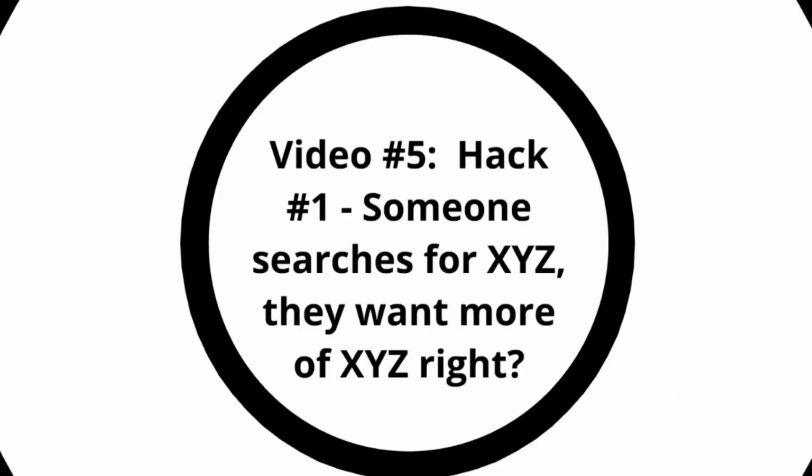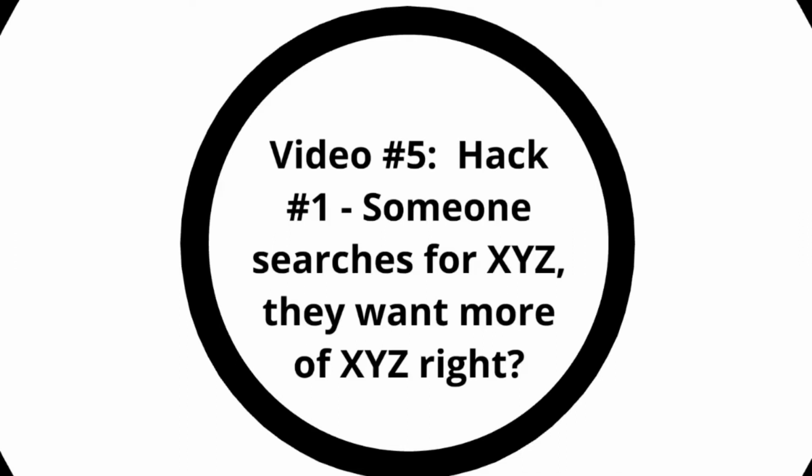Video number 5 is when we start to talk about the hacks. Videos 5, 6, and 7 will be hack 1, 2, and 3. Hack number 1 is all about this: when somebody comes to your website, after they look at the speed and everything is fast loading, they think, okay, I'm searching for something specific.